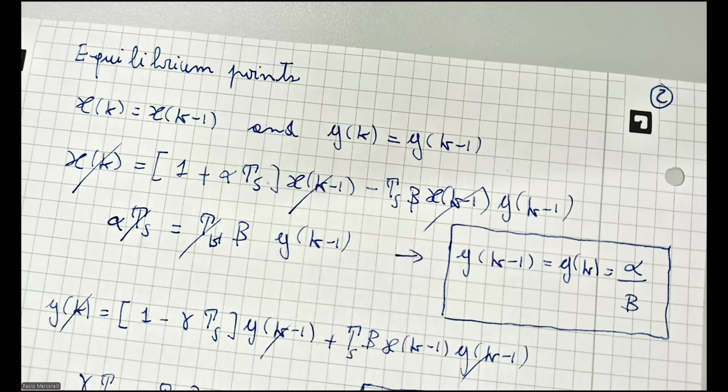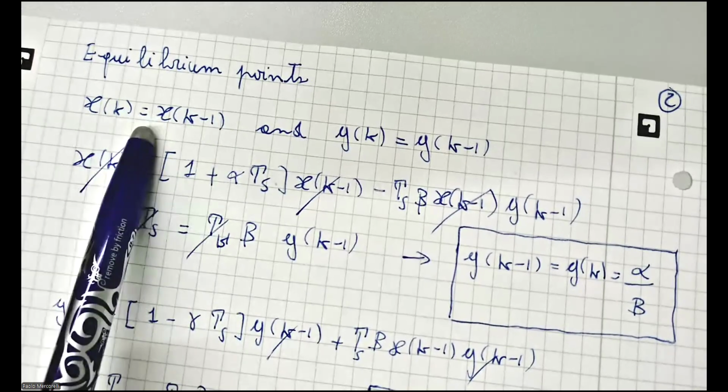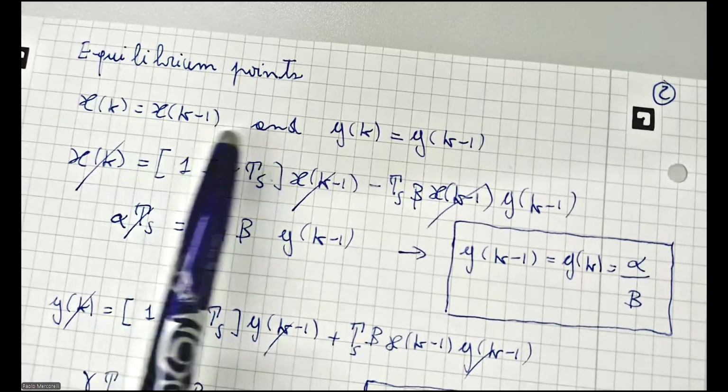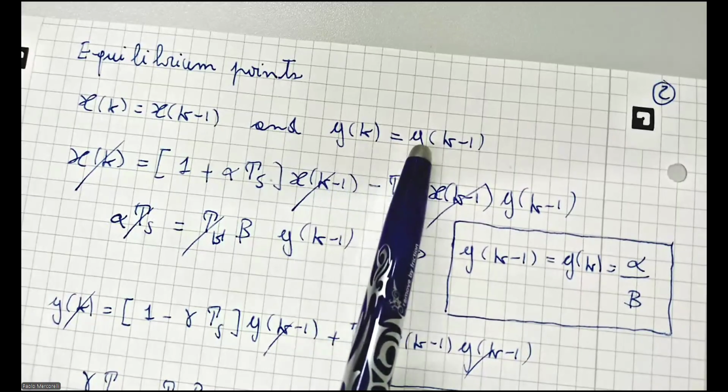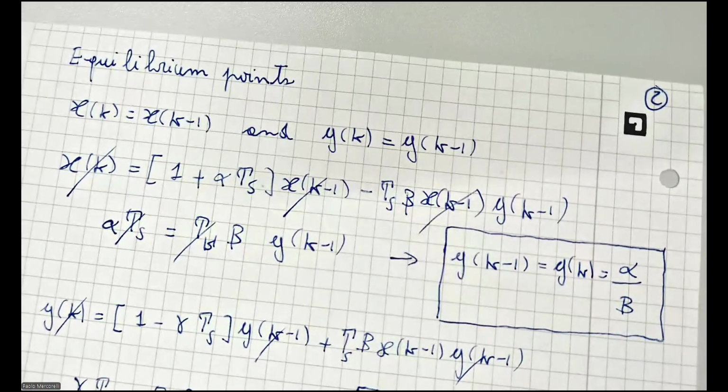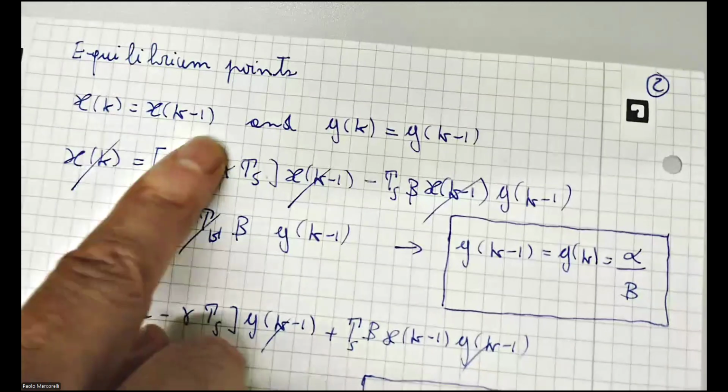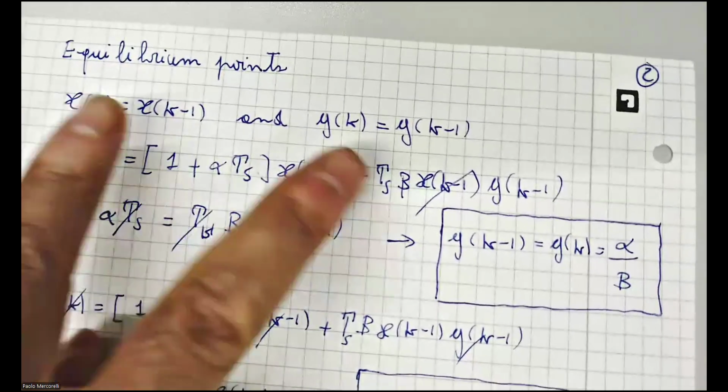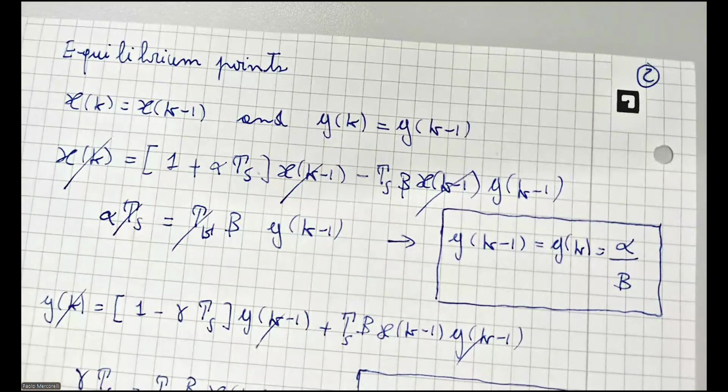Because if for each k, xk equals xk minus 1 and yk equals yk minus 1, this means equilibrium point, or equilibrium points, could be more than 1, because no changes in the number of the preys and predators.